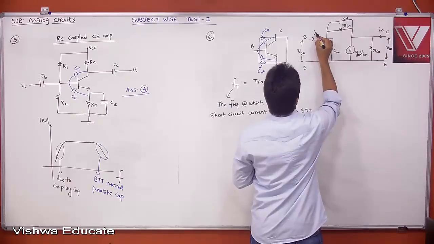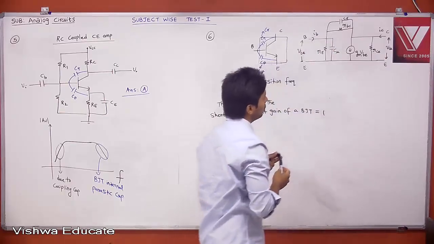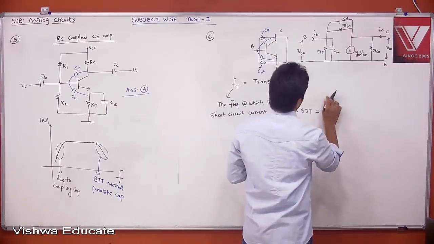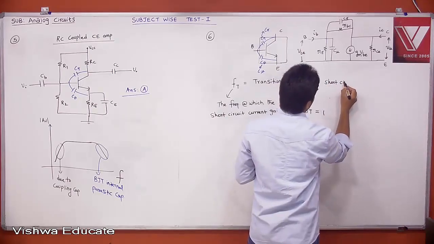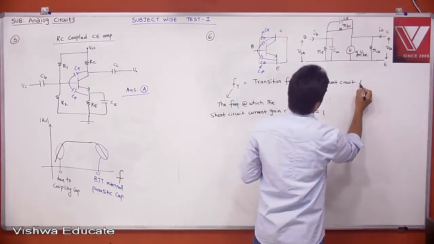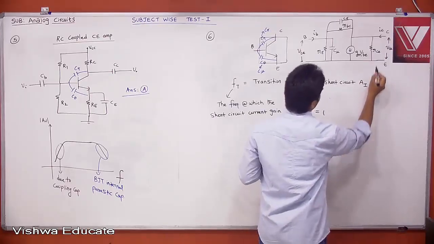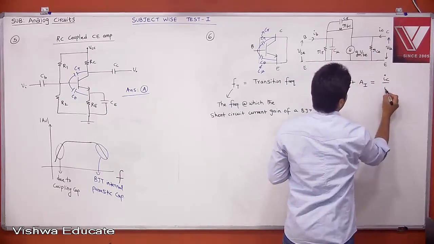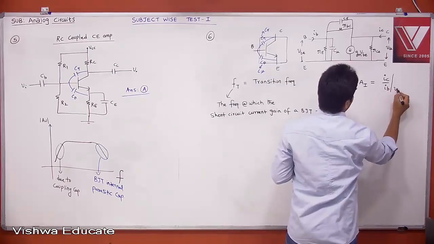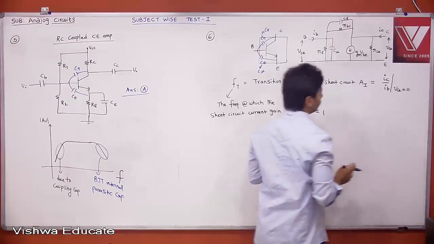Now what you need to do is calculate the short circuit current gain. If you calculate the short circuit current gain, AI is equal to IC with respect to IB, the transfer function, when small VCE is equal to 0.